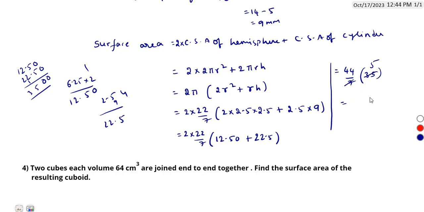Multiply: 5 fours are 20, 5 fours are 20, 22. So 220 millimeters square. This is the surface area of that capsule.